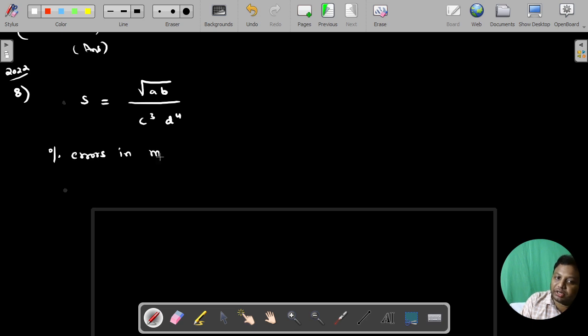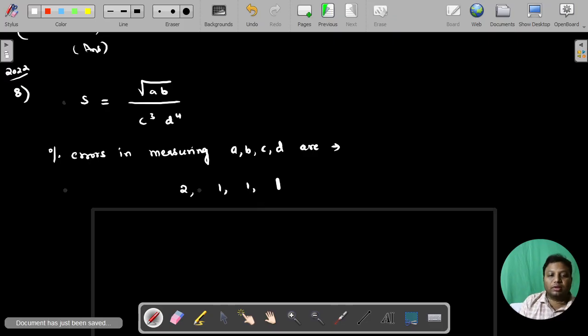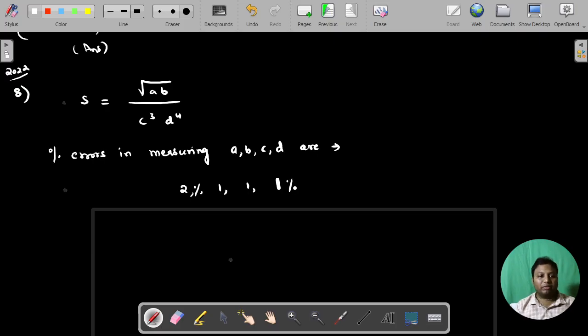Percentage errors in measuring ABCD are 2, 1, 1 and 1. All of these are percentages.